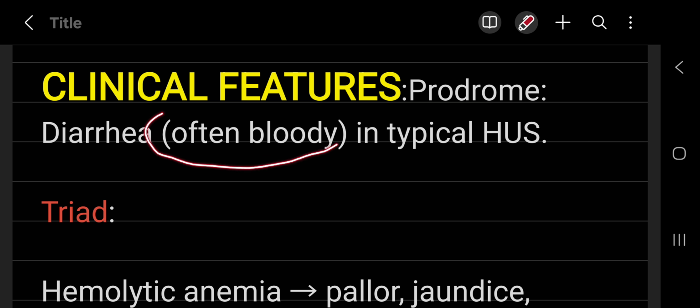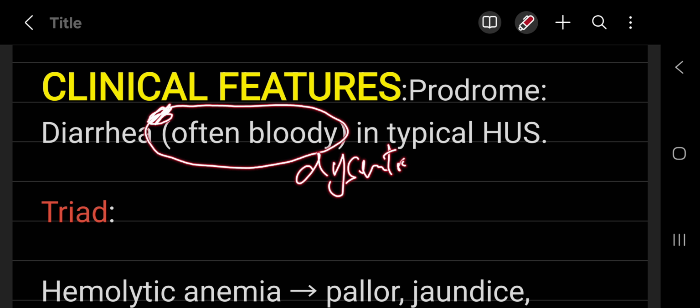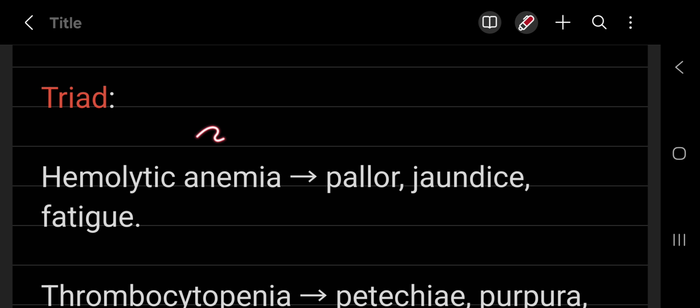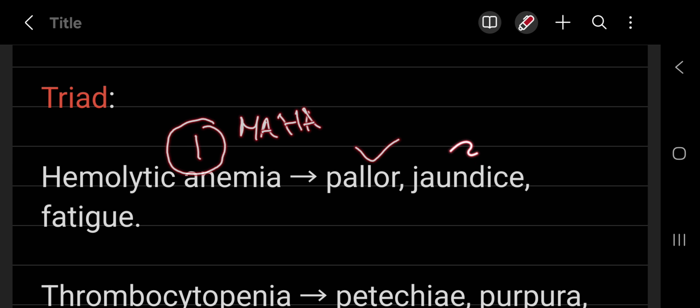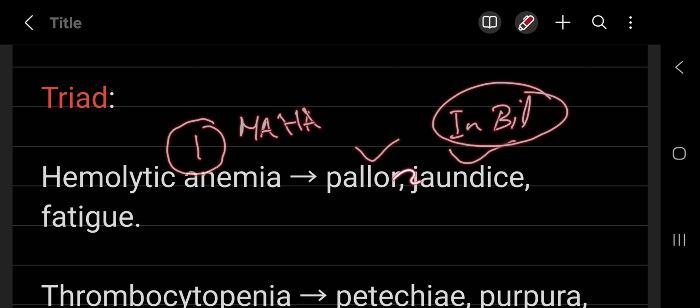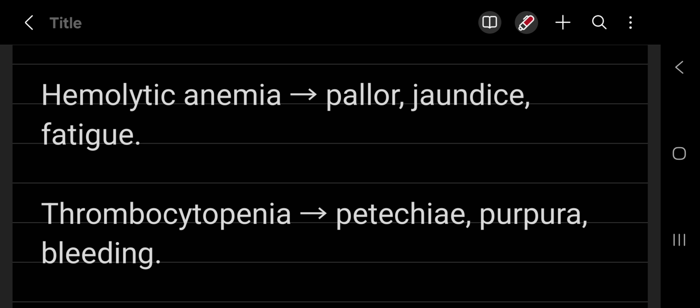If there is E. coli O157H7, then there is history of dysentery, that is bloody diarrhea, in typical HUS. It has a triad of microangiopathic hemolytic anemia, and the patient has pallor, jaundice due to rise in indirect bilirubin, because it is intravascular hemolysis, and fatigue.